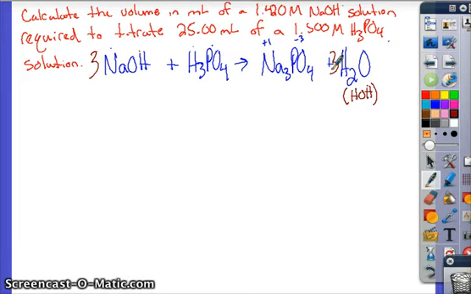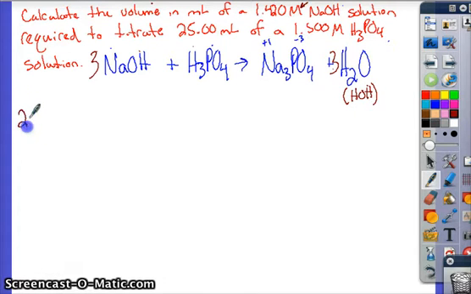Now that we have a balanced equation, we can determine how we're going to walk through the problem. We need to, in the end, get a volume out of a molarity. So to get a volume out of molarity, we need to identify the number of moles. So if we can take the moles out of this molarity, we'll be left with a volume. First step, take the volume and molarity of your acid solution, because we have a volume and molarity.